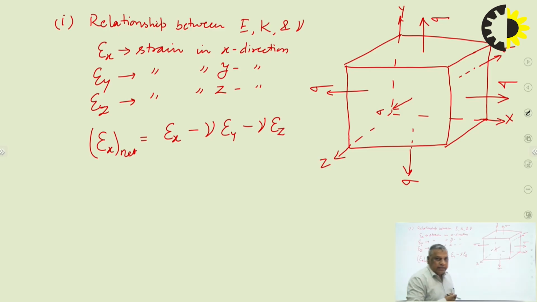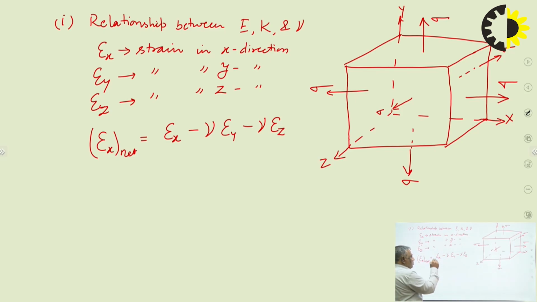This is the relationship for the net strain caused by sigma x, sigma y, sigma z in the x direction.